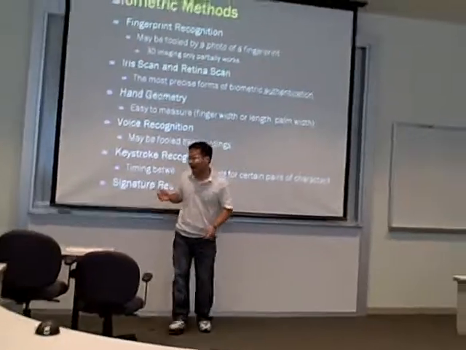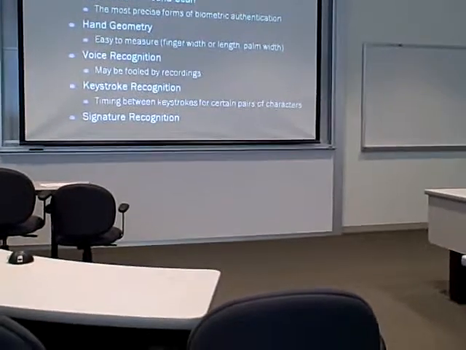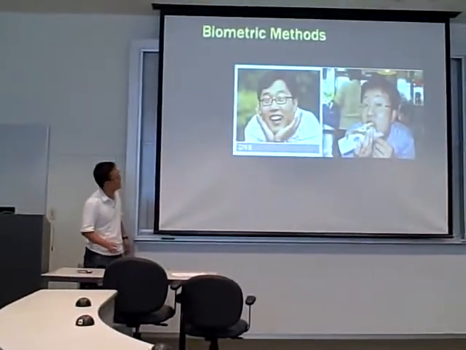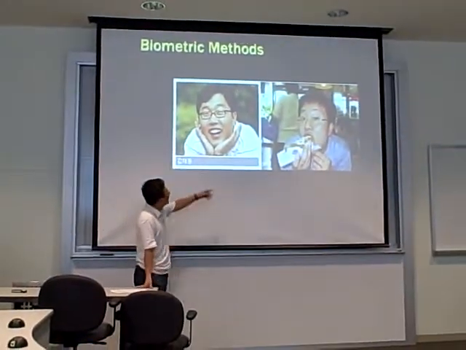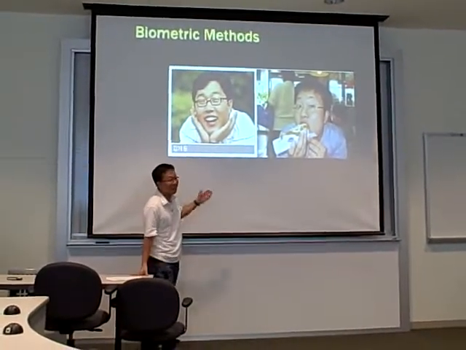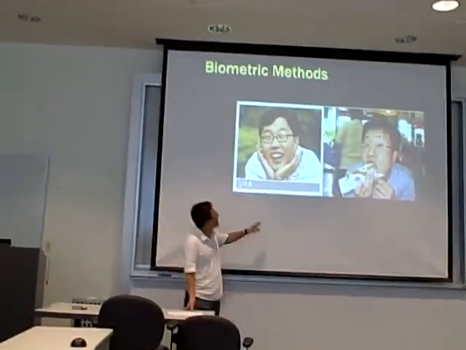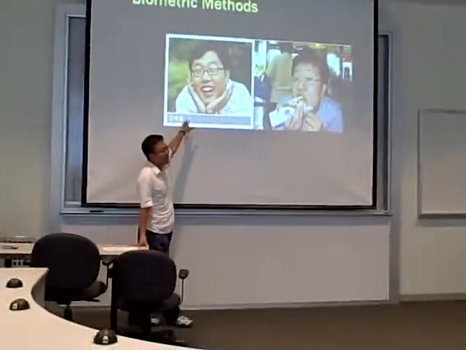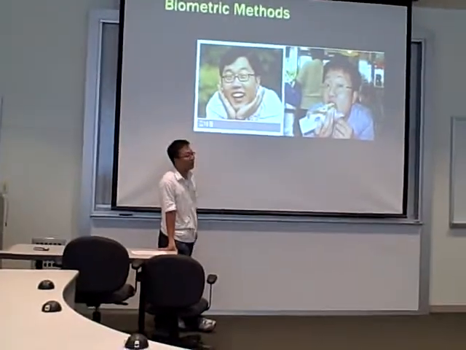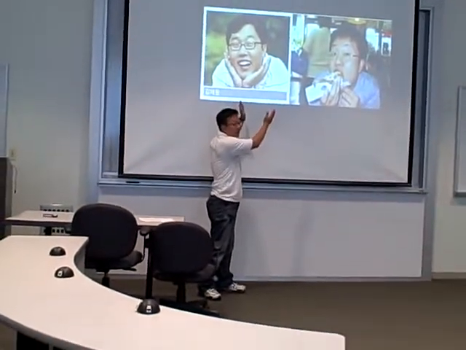Can you distinguish these two guys? These are Asian guys. One guy is me. I think the left one is you. No. The first guy is a very well-known comedian in Korea, and this is me. There is a big difference, okay?